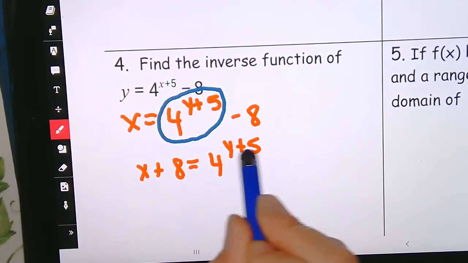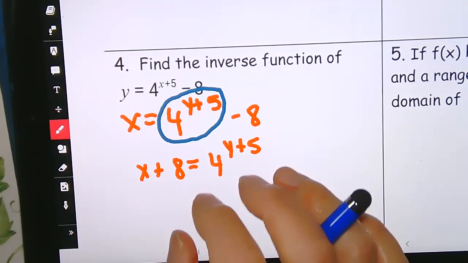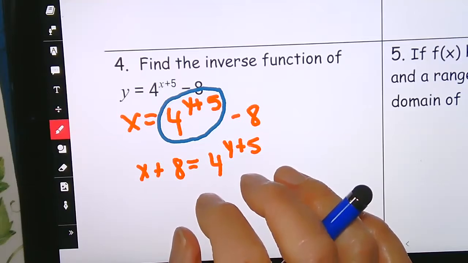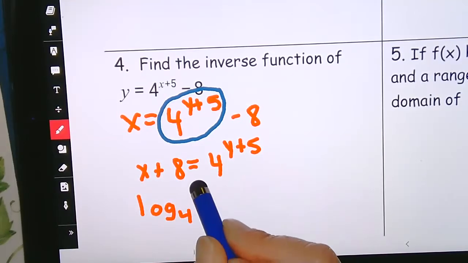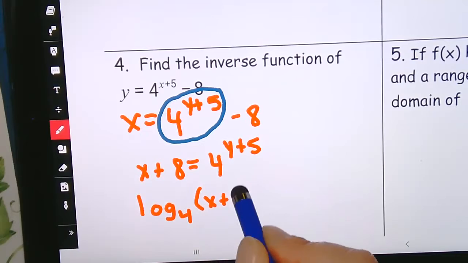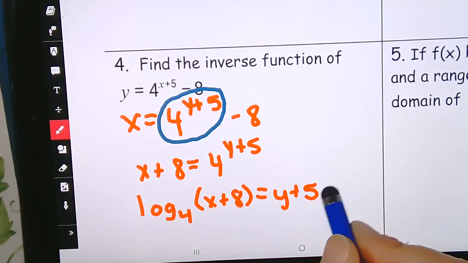When I need to get this out of the exponent, you can rewrite this in exponential form. This is in exponential form, rewrite in log form. So I can go log base 4 of x plus 8 is equal to my power y plus 5.